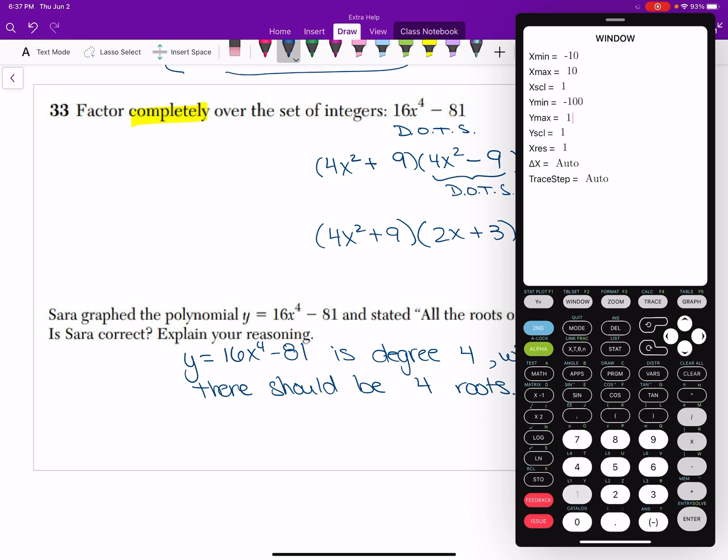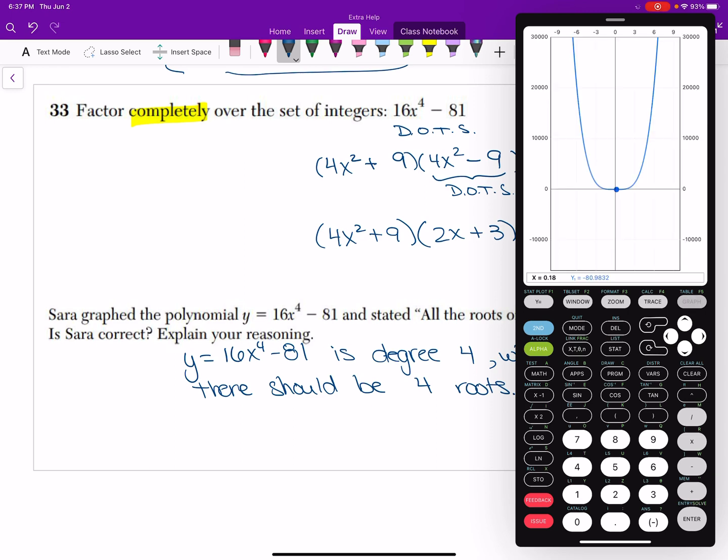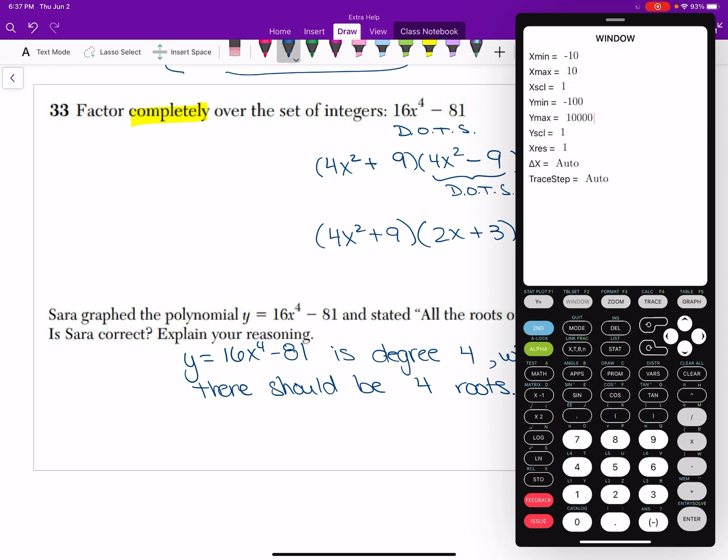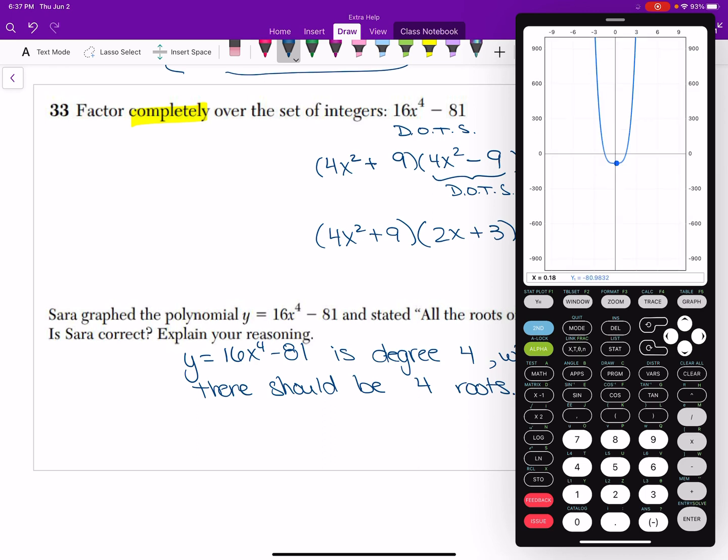So let's go smaller. Still not helping. So there I went to negative 1,000 and positive 1,000 for my Y's. It looks like you go probably even smaller. But here I only have 2 x-intercepts.